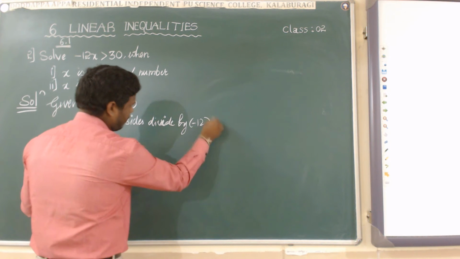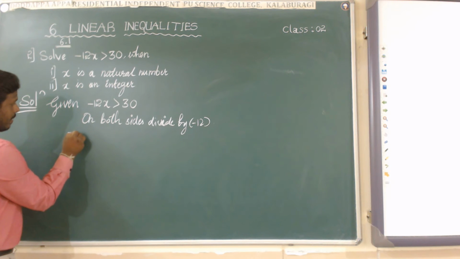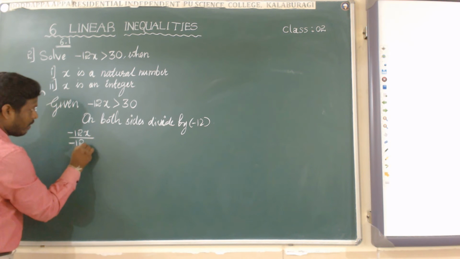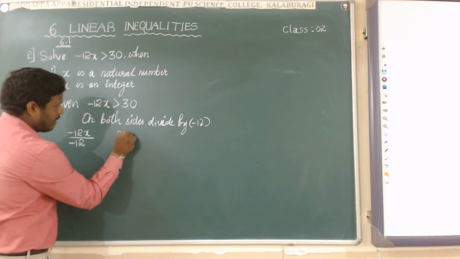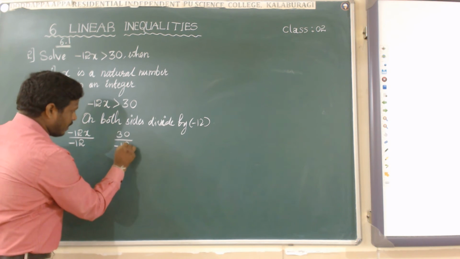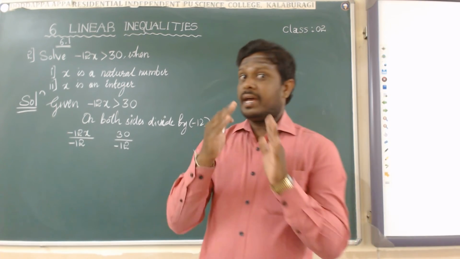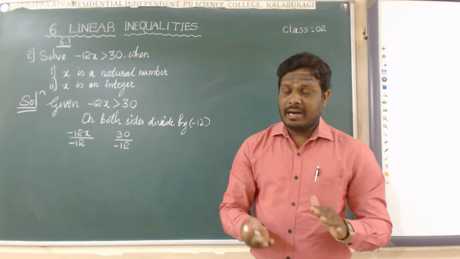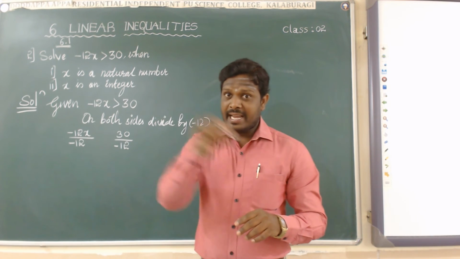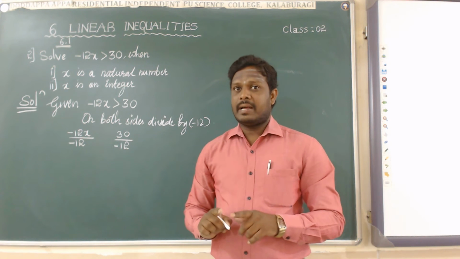We get minus 12x divided by minus 12, and 30 divided by minus 12. Please recall the second rule: when we multiply or divide by a negative value, the sign of inequality will be reversed. This is the main point here.